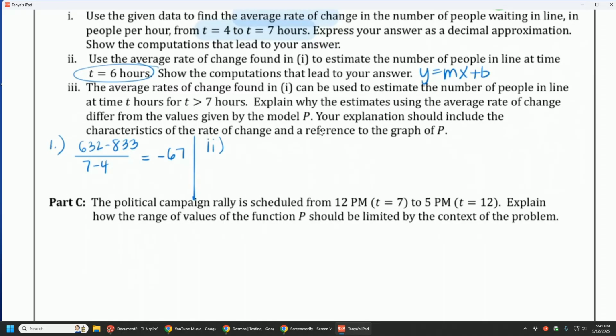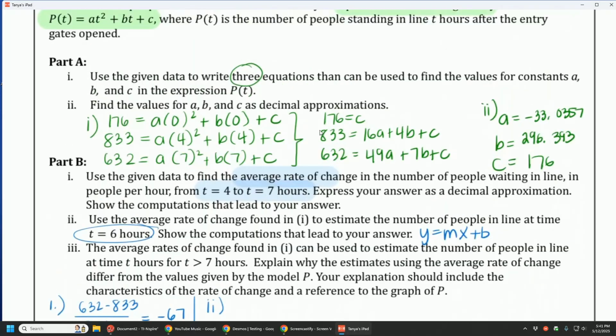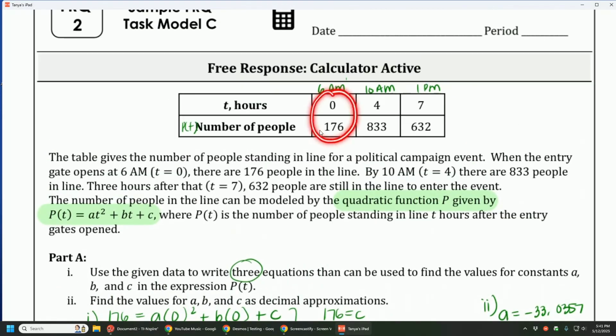But hold on. We have a rate of change, so we have an m. But for y-intercept, usually you're looking for a point where x is 0, which technically we do have a point. But I found the average rate of change between these two. And see how this one doesn't fit in with the pattern? So I can't really use that as my y-intercept for now.